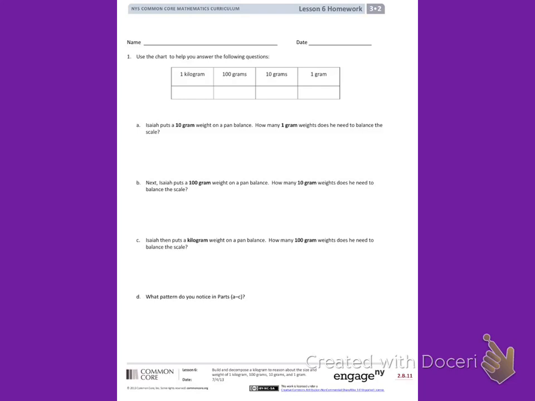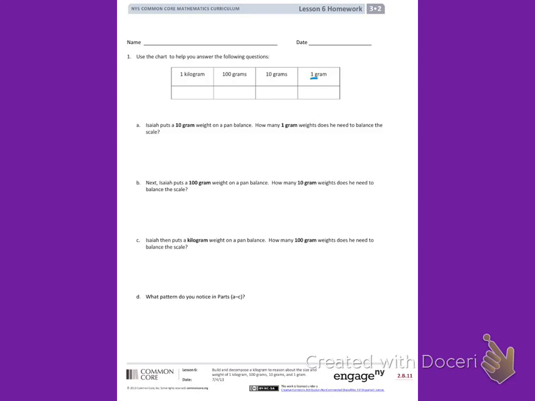Item A. Isaiah puts a 10-gram weight on a pan balance. How many 1-gram weights does he need to balance the scale? Right away, I look at that chart and I think to myself about the regular place value chart.